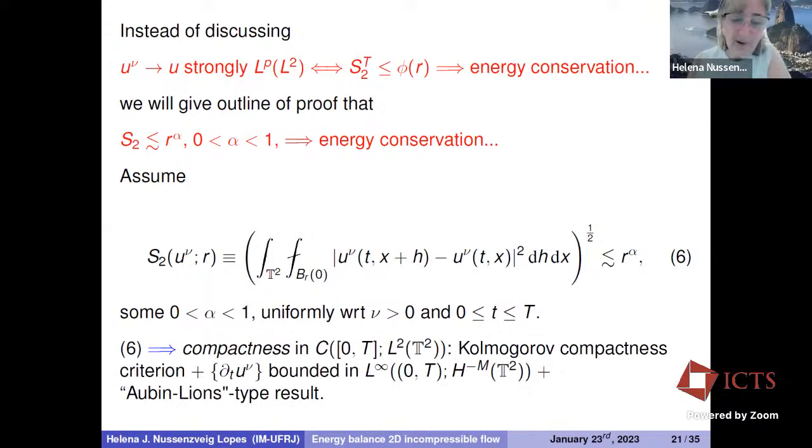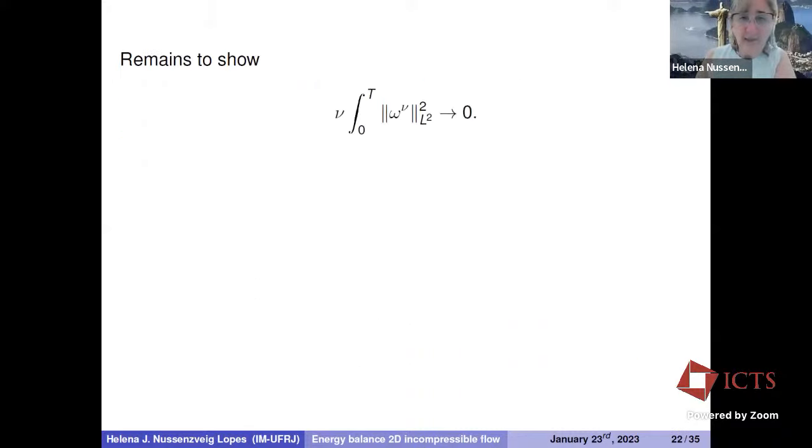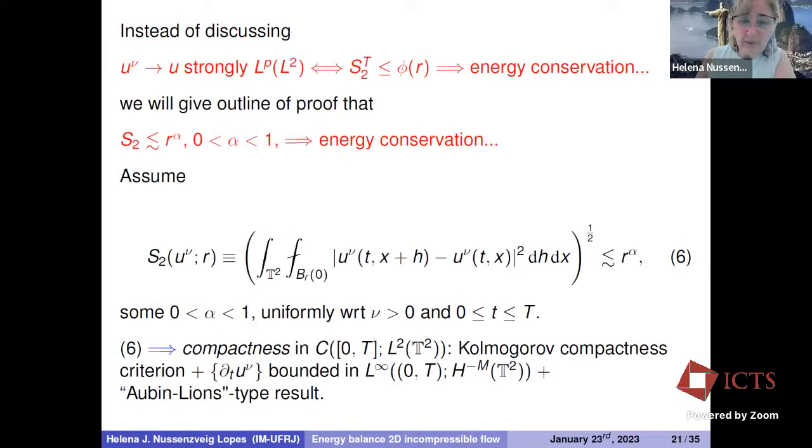This is due to the Kolmogorov compactness criterion, plus the time derivative of U nu being bounded in some negative Sobolev space, plus an Aubin-Lions type result. So this gives us that U nu will converge strongly in C of 0 T into L2. We were assuming first that it converges strongly in L^p in time, L2 in space, and we can upgrade this to C of 0 T into L2.